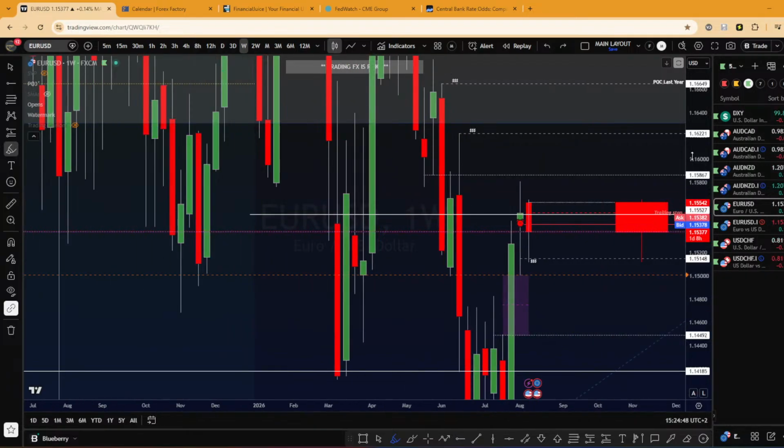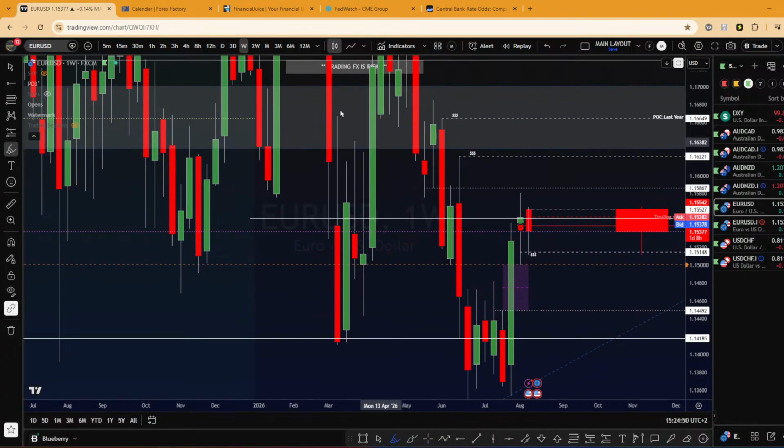So that's why today I want to short, but with this soft PPI, it started to be very improbable.